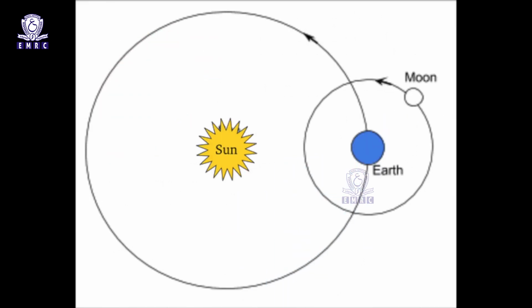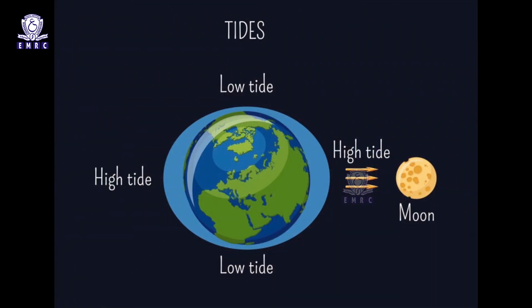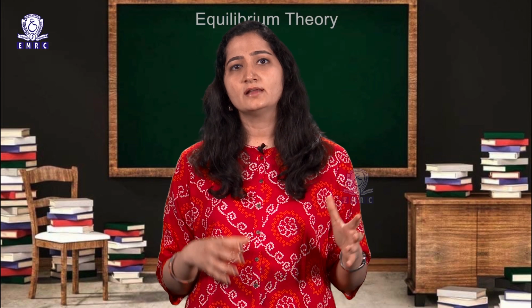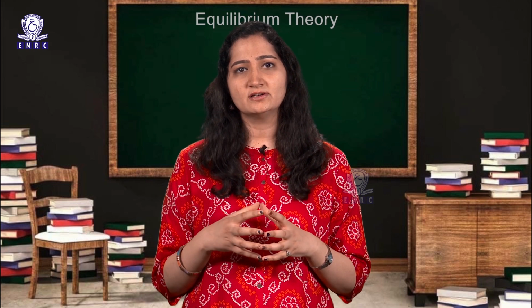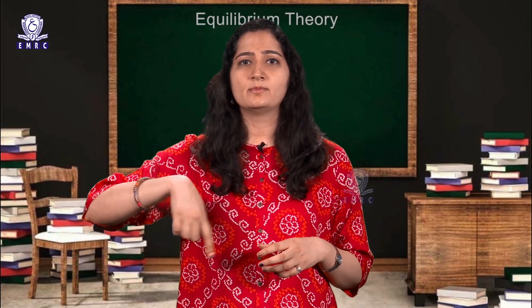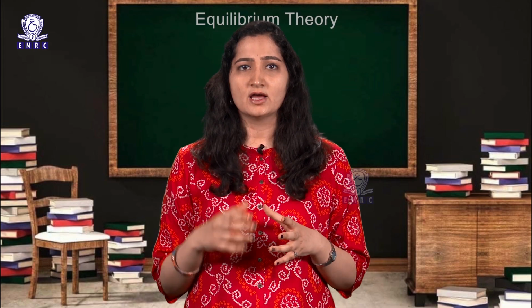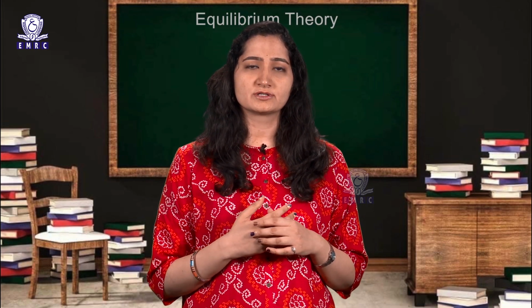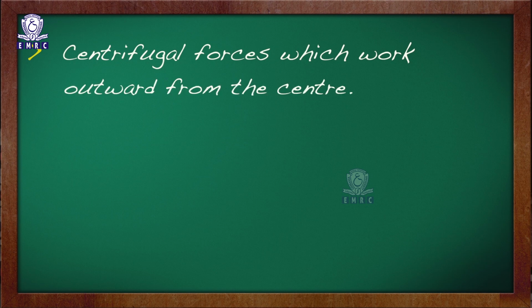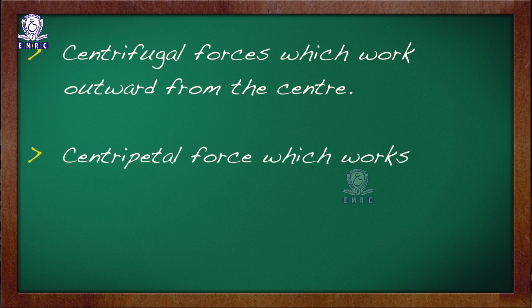Though the gravitational force of the Sun is far greater than that of the Moon, the lunar gravitational force has more effect on the Earth than that of the Sun because of its nearness to the Earth. The Earth and the Moon, while attracting each other, revolve around their common center of gravity, and thus two types of forces are produced: the centrifugal force, which works outward from the center, and the centripetal force, which works towards the center.